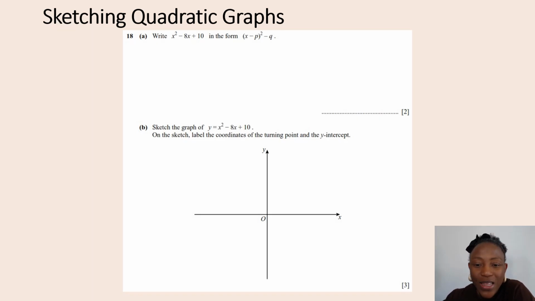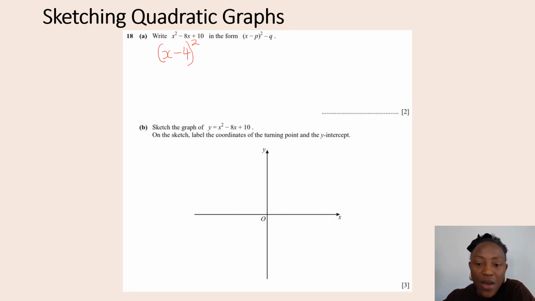Okay, so let's do this now. Remember what we said we would do? We're going to half this and put it in a bracket with x. So we open a bracket, we write our x, we half this. This is minus 8, so it becomes minus 4. We close the bracket and square it.